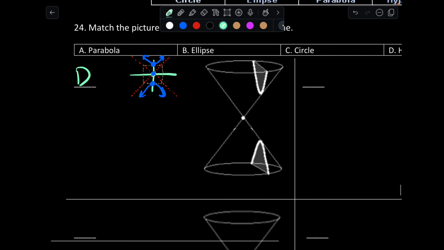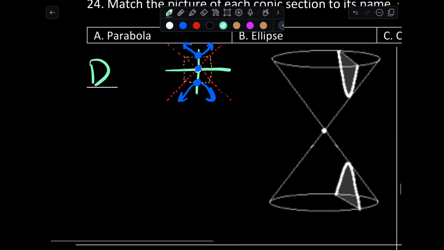So the first form of a hyperbola from an equation standpoint is that it can open horizontally, which means your vertices will be to the left and to the right of the center. So let's do this. I'll make it match the color.